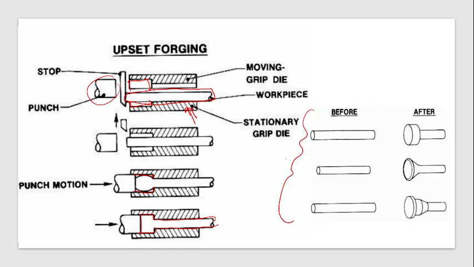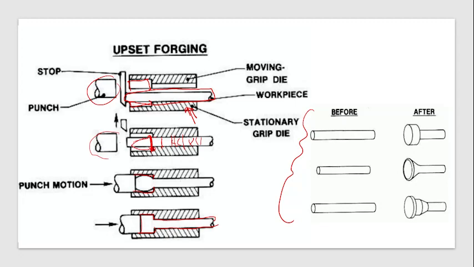In GATE 18 or 19, they asked one question on this. Suppose you haven't provided the proper distance here, or proper die size. If you haven't, this will buckle. This part, which doesn't have any support here, while the fixed parts have the support of the die, there are chances that it will buckle.